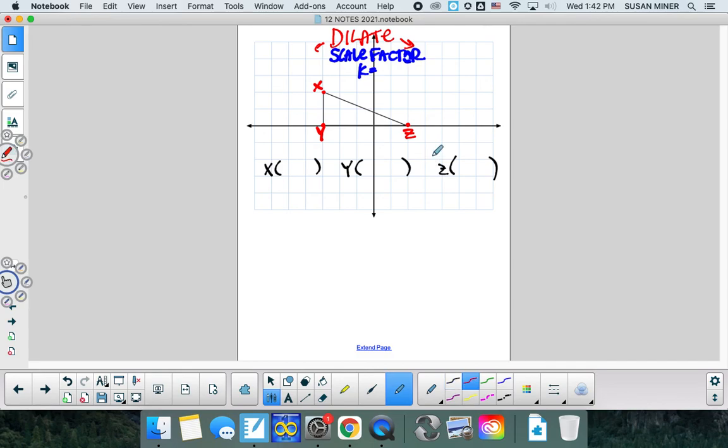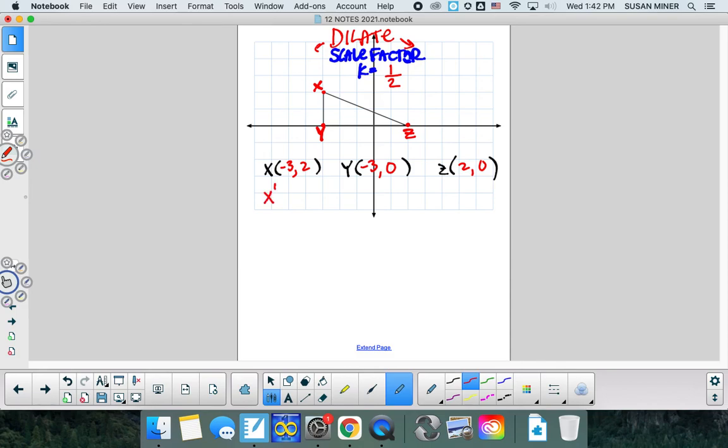This time, let's make this image smaller, right? Let's dial it down, and let's make this half of its original size. So we're going to start out, X is at -3, 2. Y is at -3, 0. And Z is at 2, 0. I need to multiply all of these numbers by 1/2.